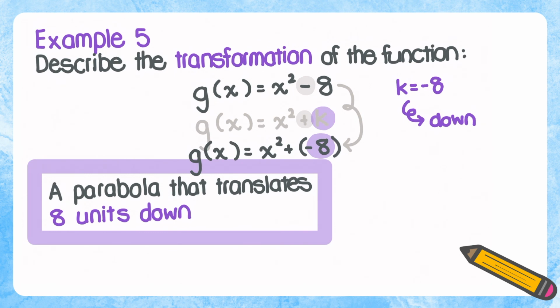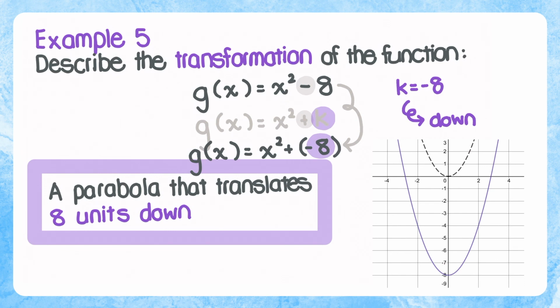So we have a parabola that translates 8 units down because k equals negative 8. And like I did here, you can always check your answers on Desmos to make sure your answer makes sense.